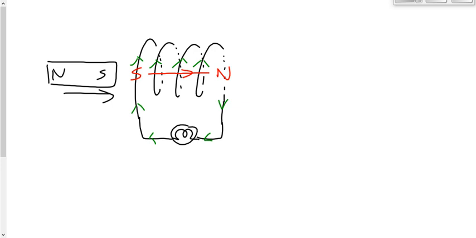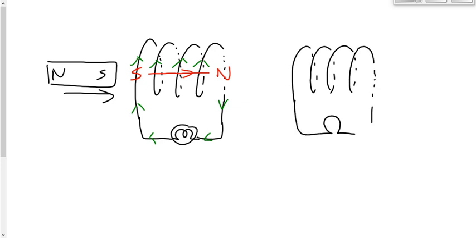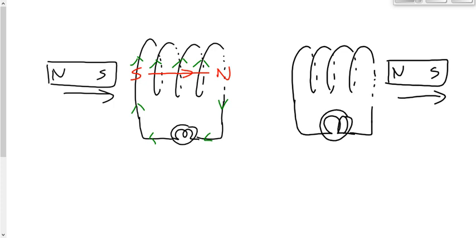Now let's try another one. Let's say this time we've got a coil that looks like this, similar to what it was in the last diagram. But this time we're going to put our magnet over here. Polarity is going to look like this, and we're going to move it to the right. As we move a magnet relative to a wire or relative to a conductor, that generates a current.